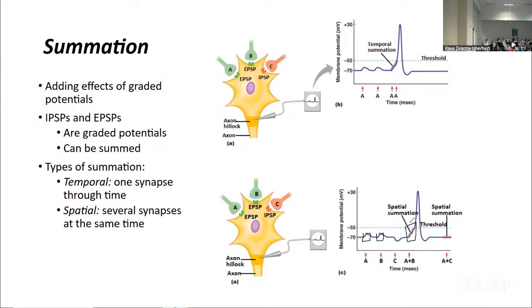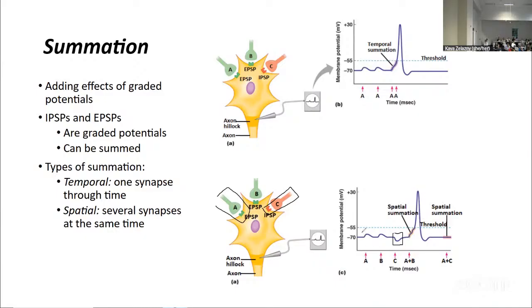And it's not just about the fact that we had two presynaptic neurons firing together, because if instead of firing together A and B, we took A and C, right, we can see that C creates a little bit of hyperpolarization here, and we got this dip.